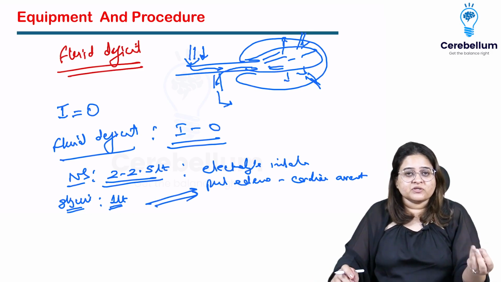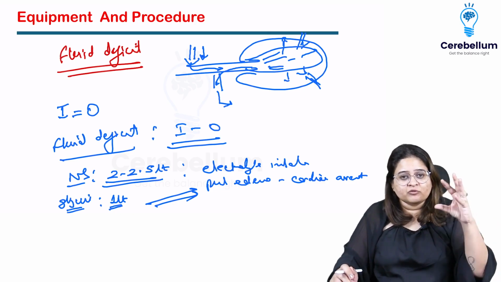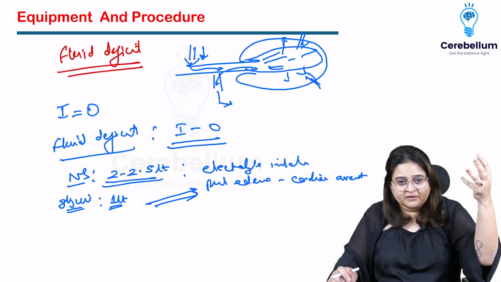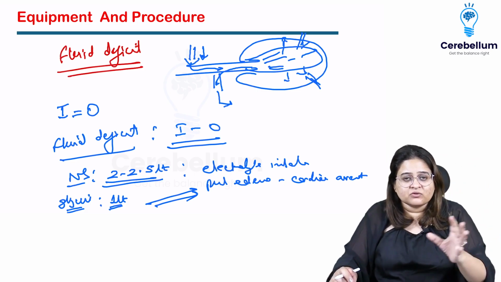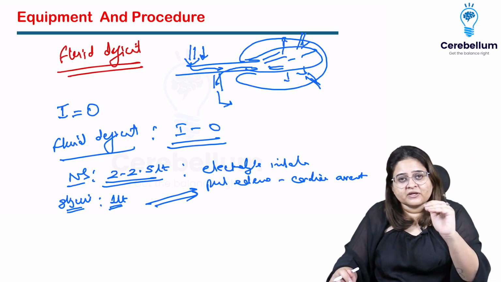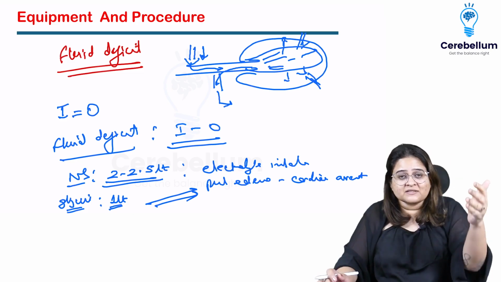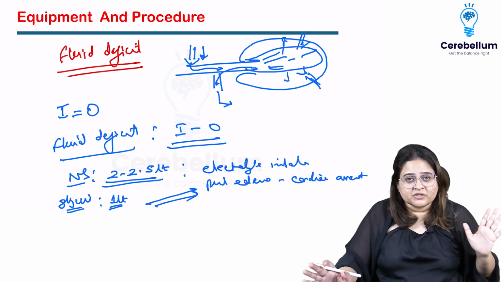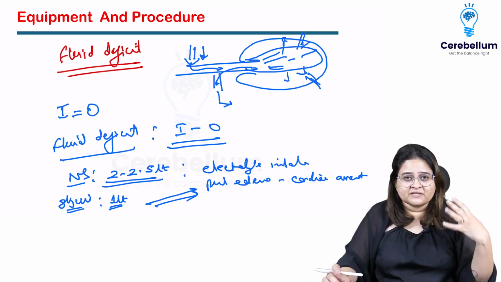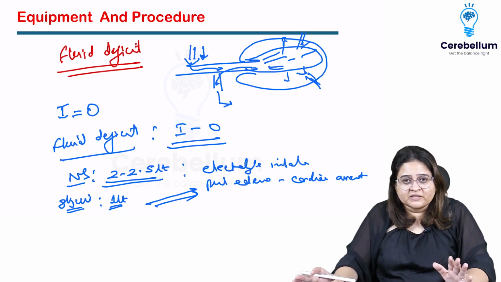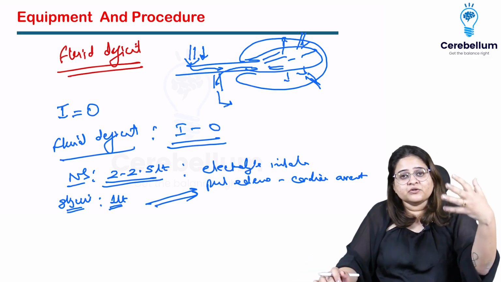So you're safer using normal saline, where the fluid deficit can be allowed to go higher. But if you're using glycine or sorbitol or mannitol, the fluid deficit should not be more than 1 liter. If it's crossing this, then you should stop the procedure, ask the anesthetist if the patient is fine, wait for some time, or continue the procedure at a later time.